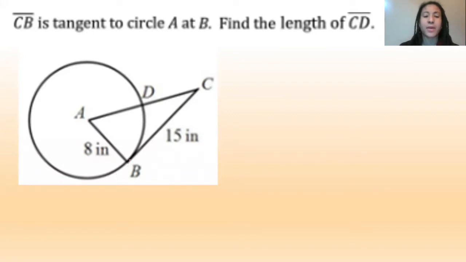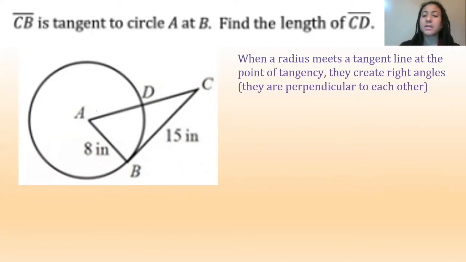For that particular piece, when a radius meets a tangent line at the point of tangency, they create right angles, which means they are perpendicular. Perpendicular forms right angles, and right angles are 90 degrees. So we could label this piece right here with a 90-degree angle mark.